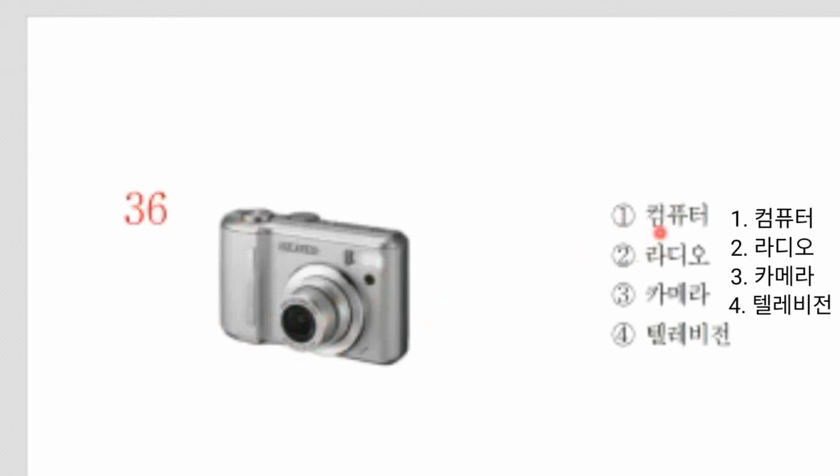Number 1 is computer. So it's computer. Okay, number 1, no. Number 2 is radio. In Korean, radio. And number 3 is camera. Okay, it's the same, right? Camera. So the answer is number 3. And number 4 is what? Television.